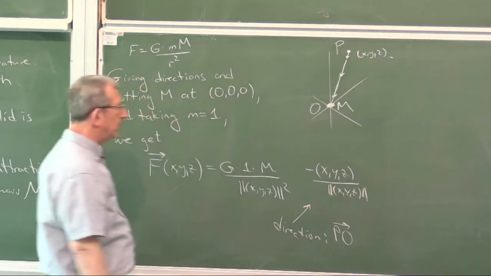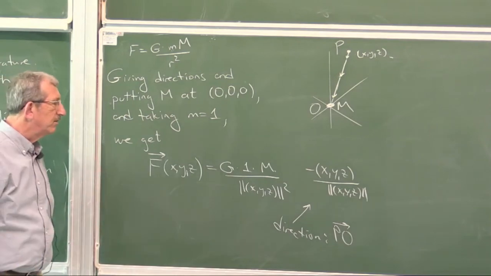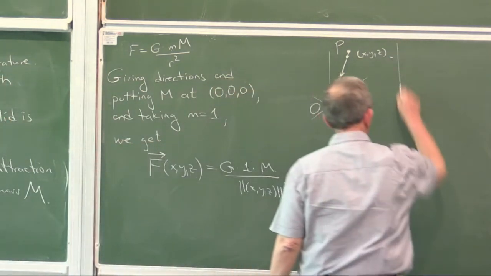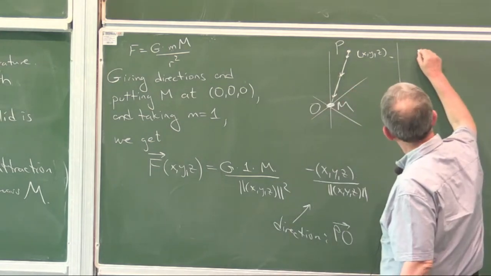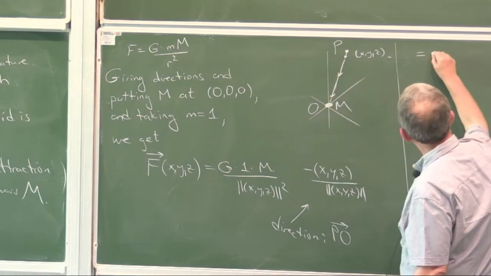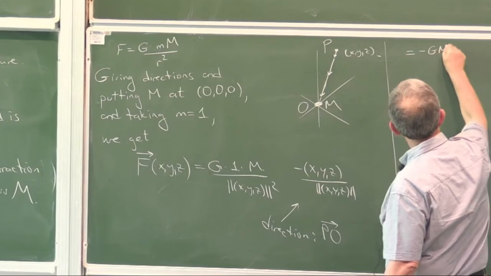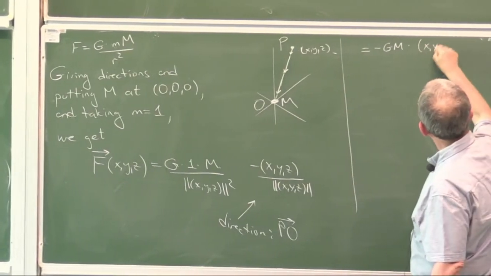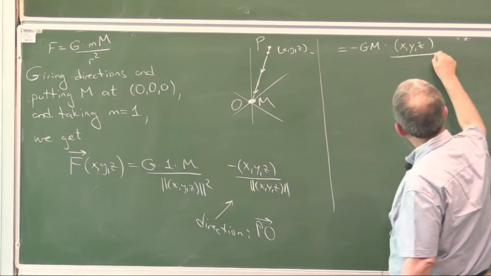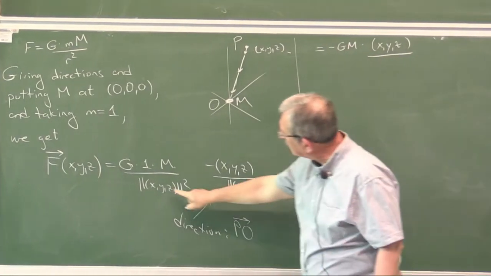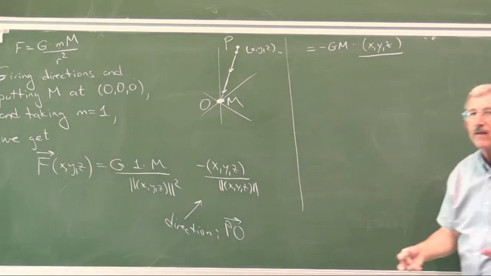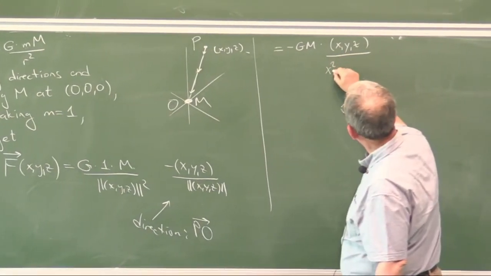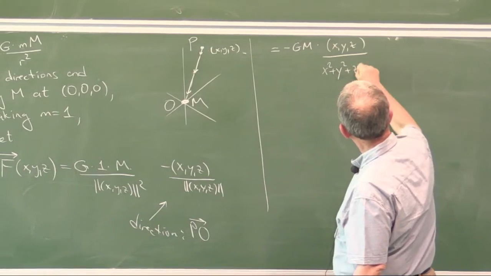Okay. So now, this is the gravitational field, as it is called in physics, which, in a shorter way of writing, is minus GM. These are constants, so not that important for us. We have (x, y, z) divided by the cube of the length. Well, what is the length? The length is the square root of x squared plus y squared plus z squared.